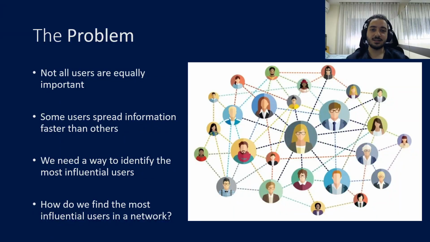The challenge is that we cannot analyze each user and determine how influential they are manually. So the question becomes, how can we systematically identify the most influential users in a network? We need a method that allows us to measure influence in a consistent and scalable way, especially when we're dealing with very large social networks.